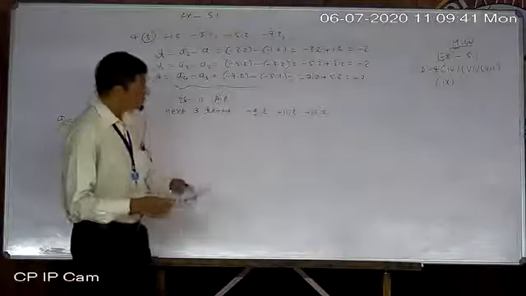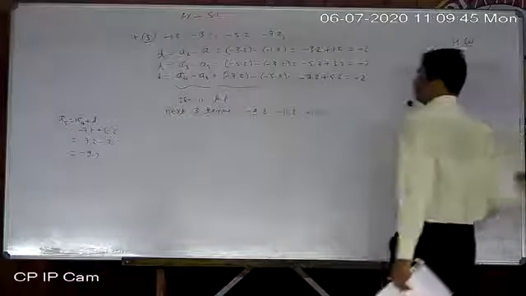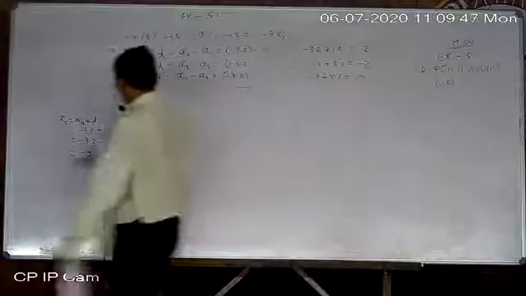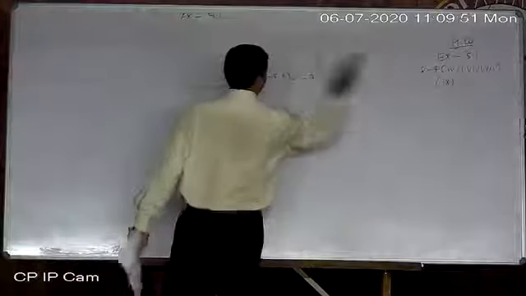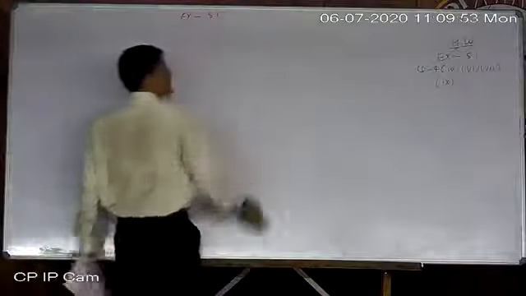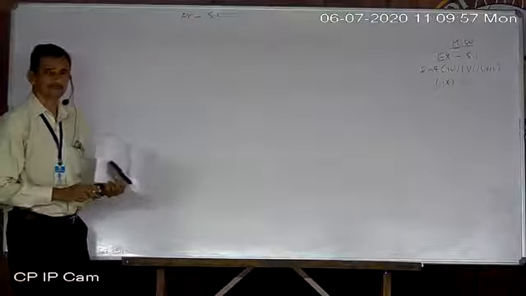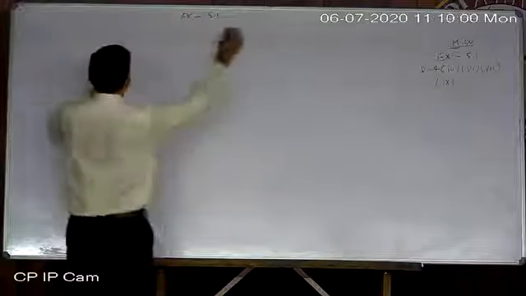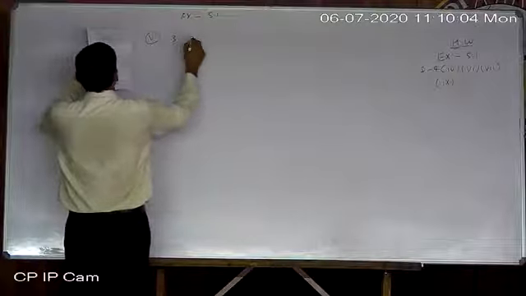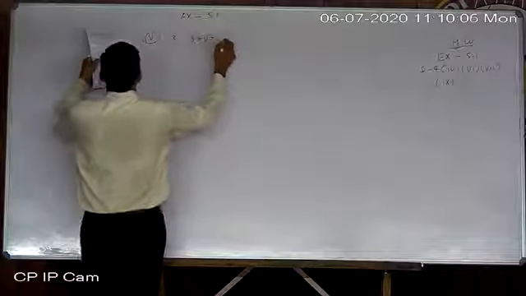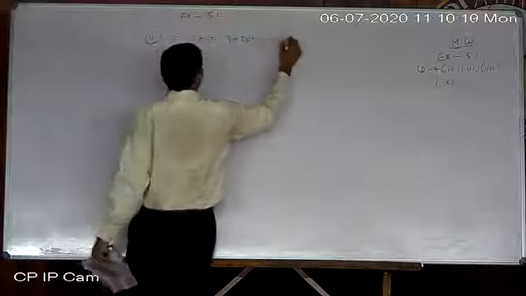Okay, now first of all we go through number 5. Look at number 5. Actually, it is simple. Why I am doing here? Because something is new. Otherwise, not difficult it is. So, in number 5, 3 plus root 2, 3 plus 2 root 2, and 3 plus 3 root 2.